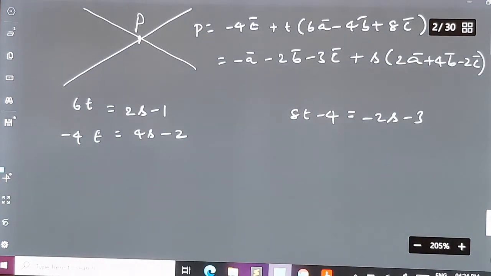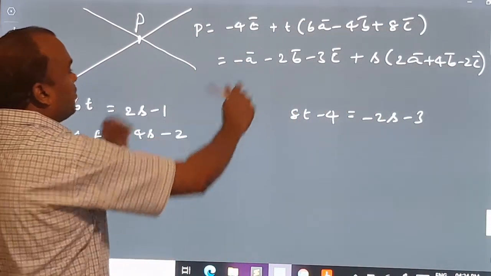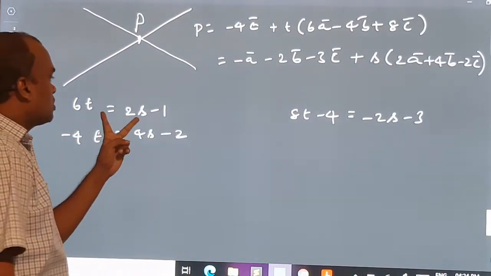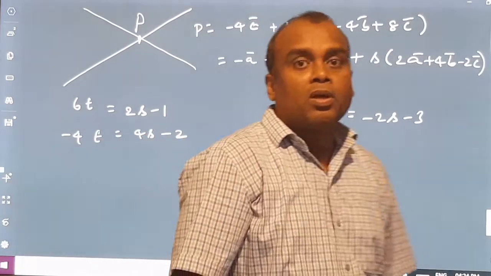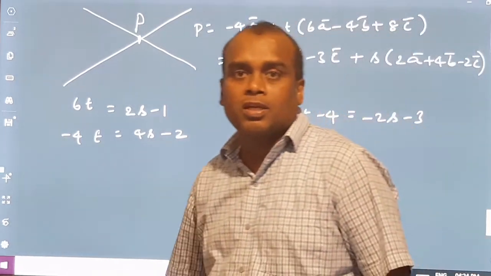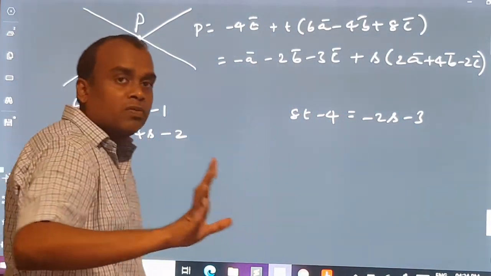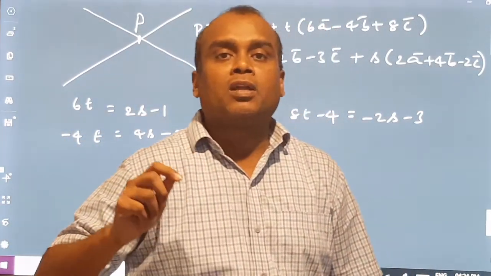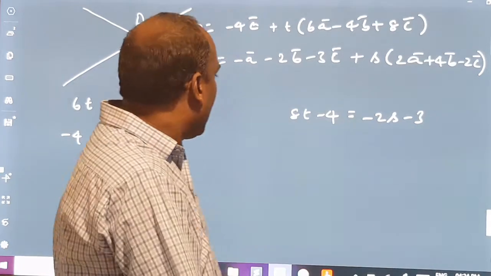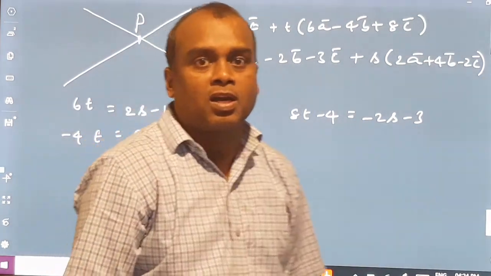And now we got three equations, but observe that to find the point of intersection only two unknowns are enough, s and t. Two linear equations are enough. We can solve any two of these three equations. After solving those, we verify whether the values of s and t that you got satisfy the third equation or not.